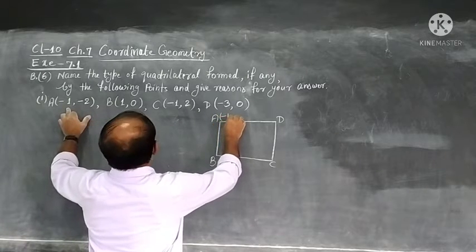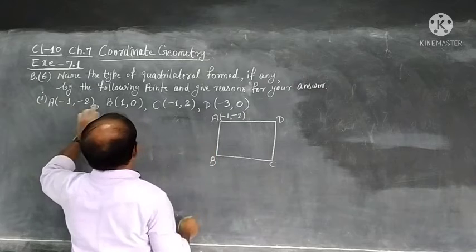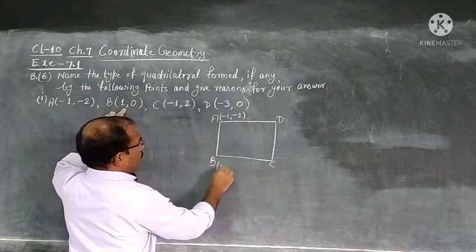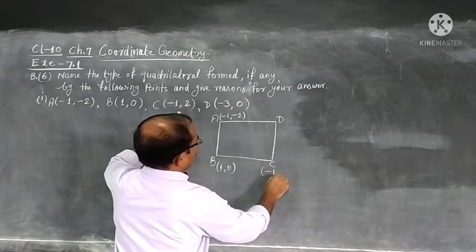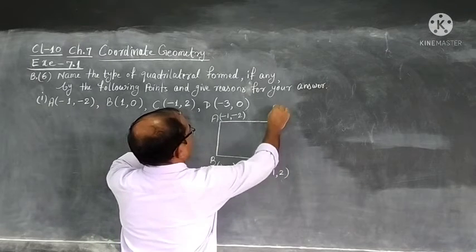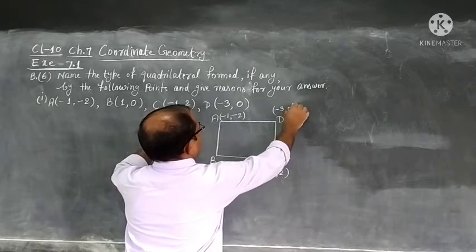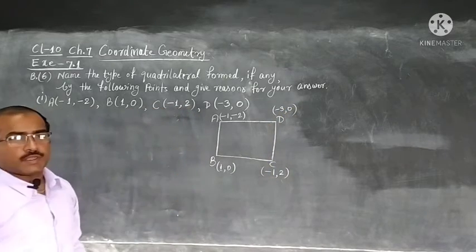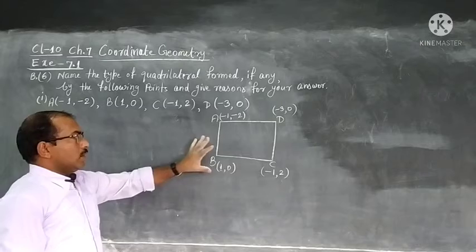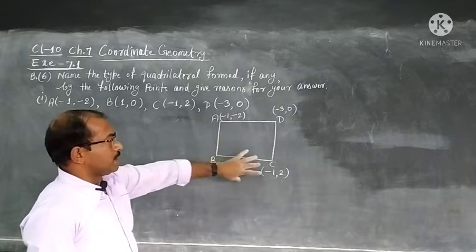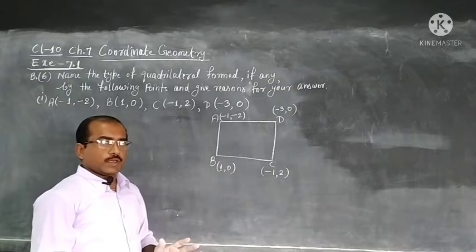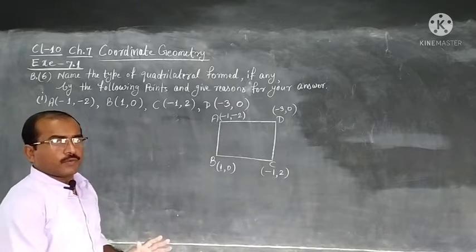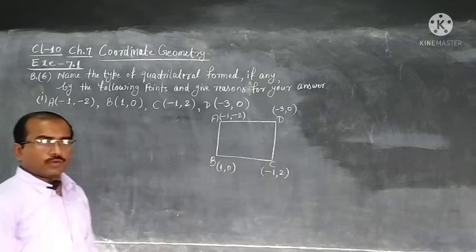A is -1, -2, B is 1, 0, C is -1, 2 and D is -3, 0. These are the 4 vertices. We will find AB, BC, CD and AD, the 4 sides of the quadrilateral. Let us first find the 4 sides and then later we will talk about what to do next.